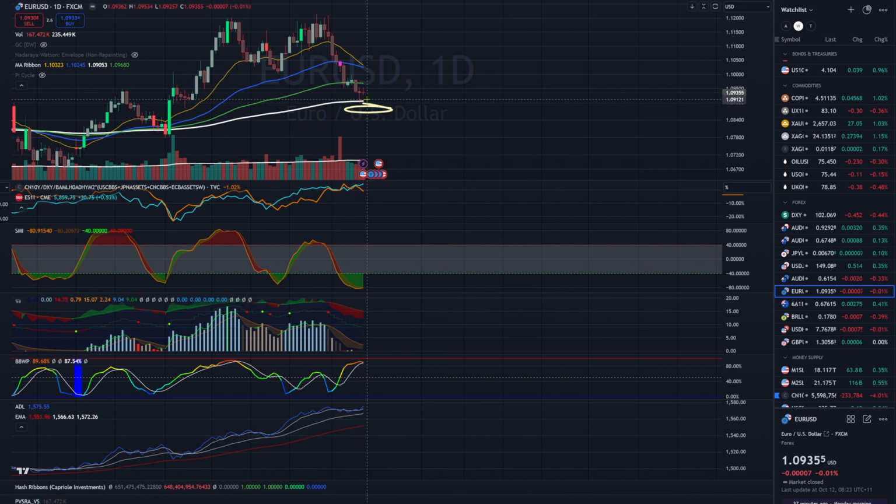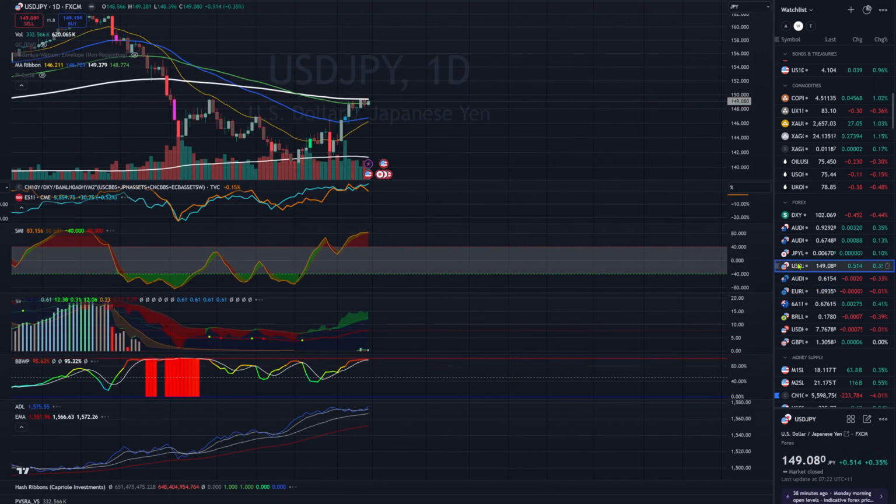Looks like Euro might have only just wanted the 200 EMA, not the 200 SMA. Still potentially a little bit to go, but Japanese yen is still struggling around that 200 EMA.